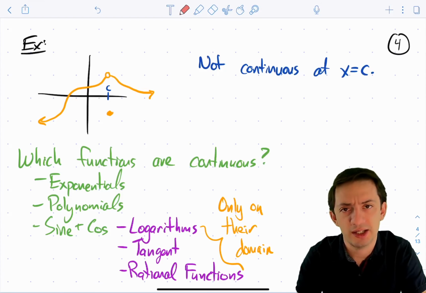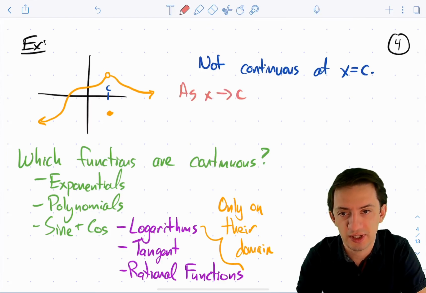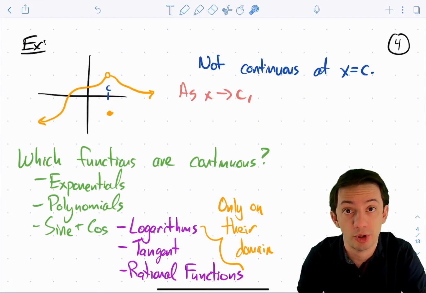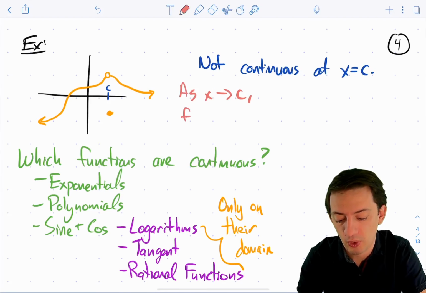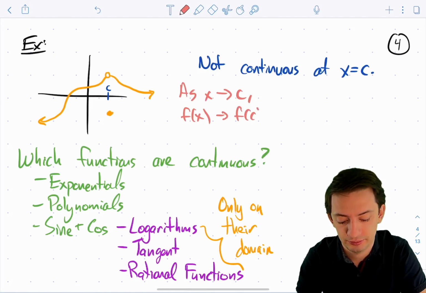We said continuous kind of means as your x values get closer to c, I'm using this arrow now to mean approaches, as x approaches c, the y values, that means f of x, approaches f of c.